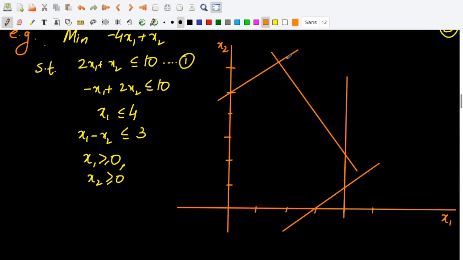So let me just label them so that it's easy to see what these constraints look like. So this is constraint number 1, this is constraint number 2, constraint number 3 is this vertical line, and the 4th constraint is this, and each constraint is asking us to be on one side of the corresponding line.